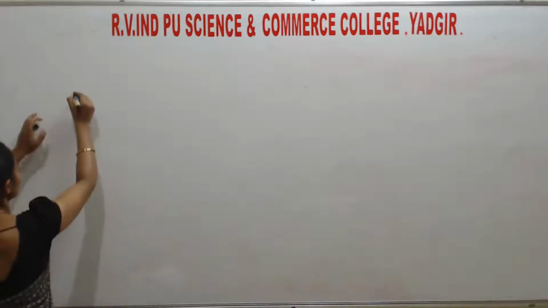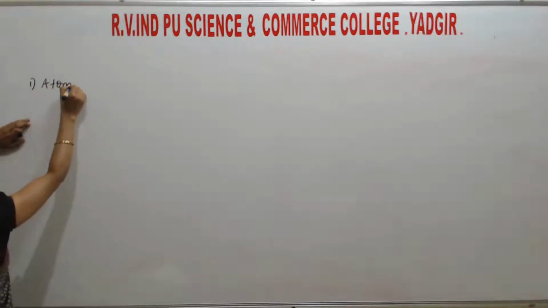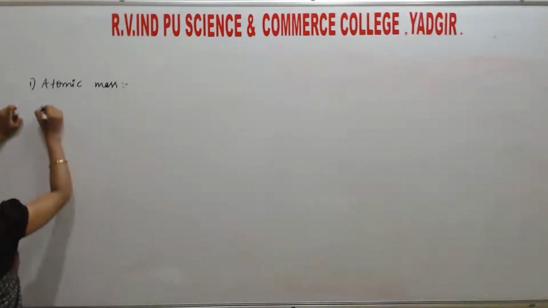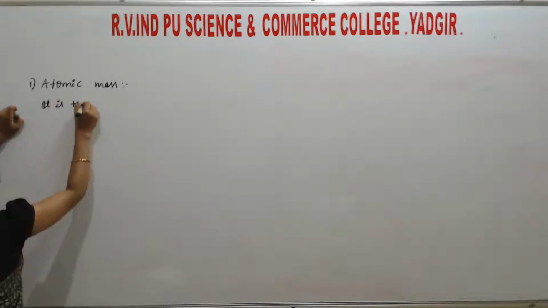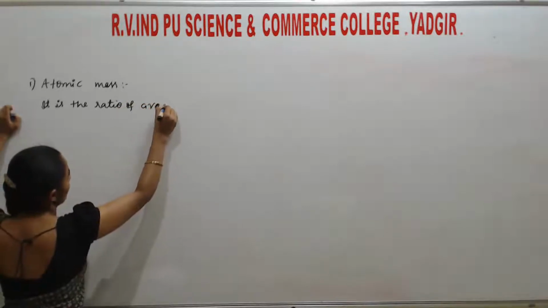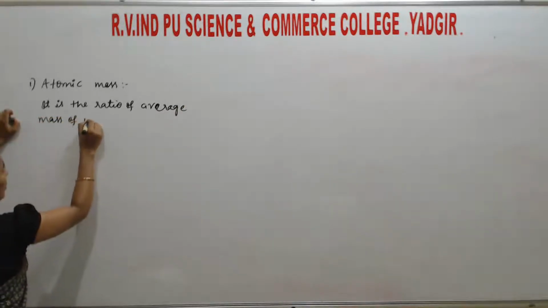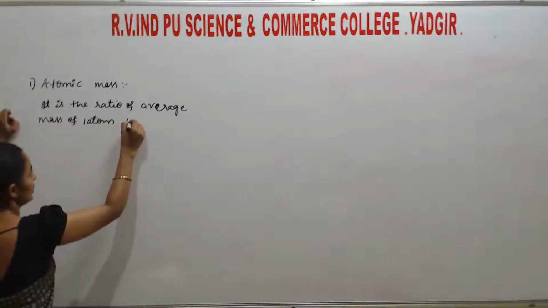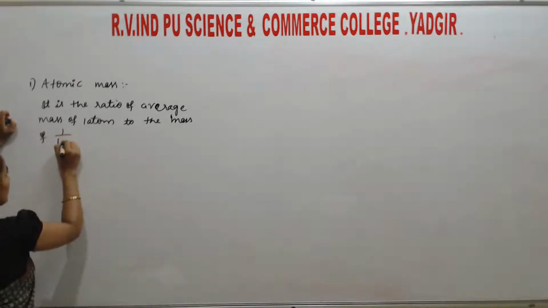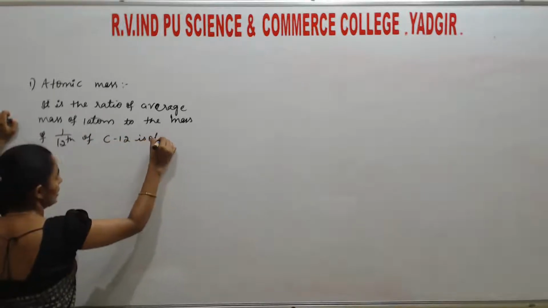Okay, so first one is atomic mass. Okay, so atomic mass means it is the ratio of average mass of one atom to the mass of 1 by 12 of the carbon 12 isotope.